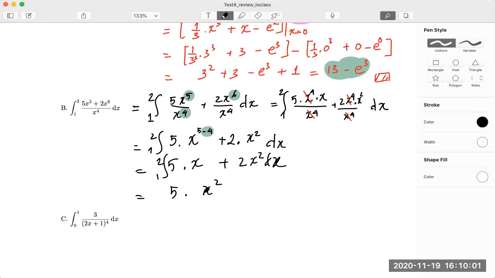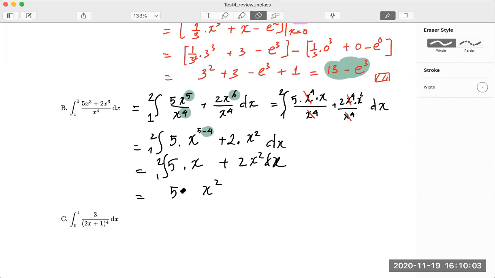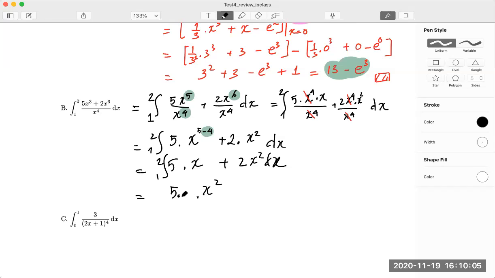x squared, and what should we do next? It would just be 1/2, yeah. Very good. And here it will be 2 times x squared, we add 1, it will be x cubed, right?